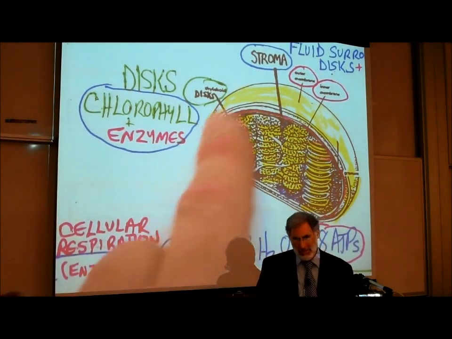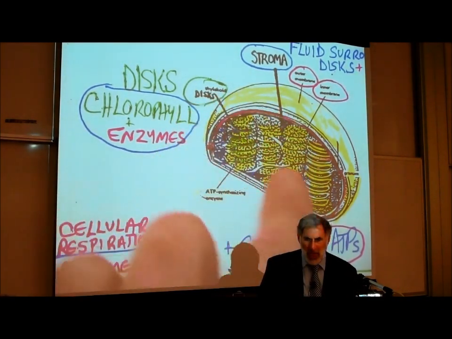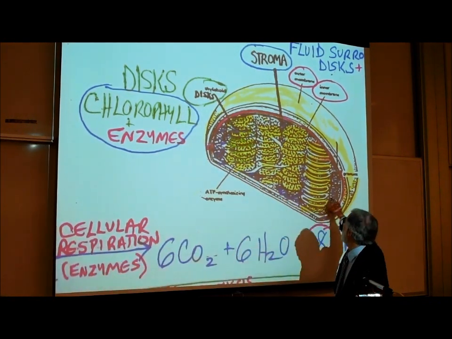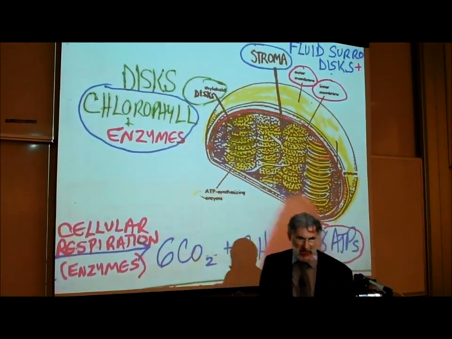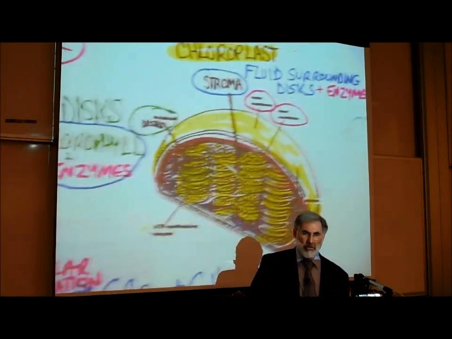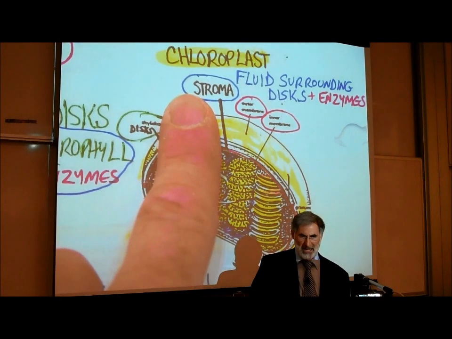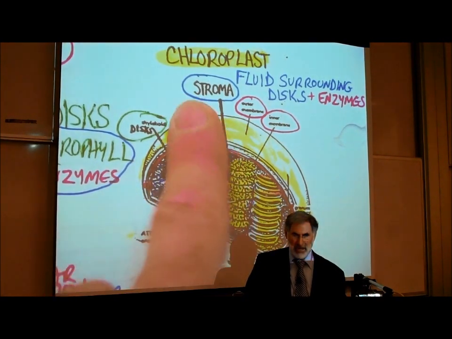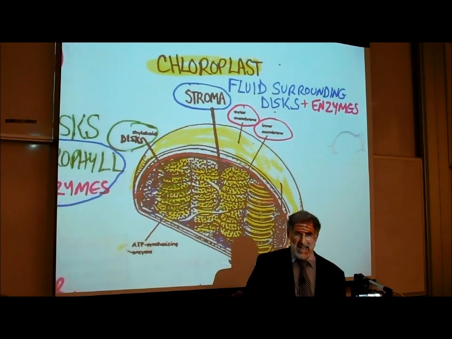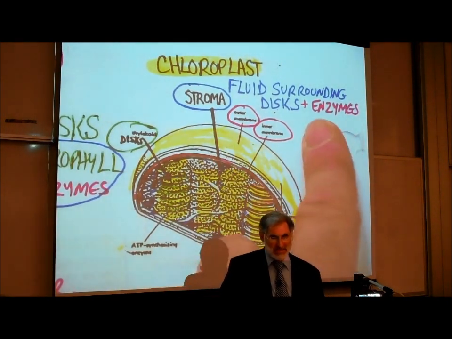In addition, there is fluid surrounding these discs. Now, I tried to color it blue. I know it's hard to make out. But this fluid surrounding the discs is called stroma, and it's labeled right here. So what is stroma? I wrote that it is fluid surrounding the discs. And it also contains a lot of enzymes.